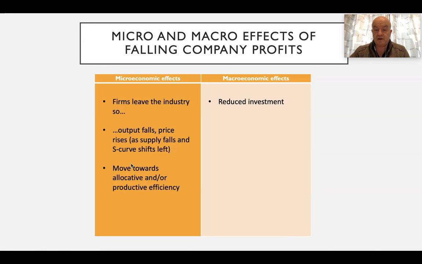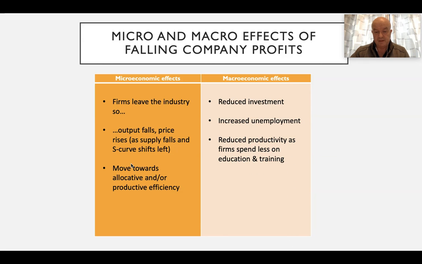If we're talking about macroeconomic effects, then if companies have falling profits, they might reduce their level of investment. It could then potentially increase unemployment as people think, well, maybe if profits are falling, we're going to need to find savings, and maybe that will mean that we have to make some job losses, and that's clearly going to increase unemployment.